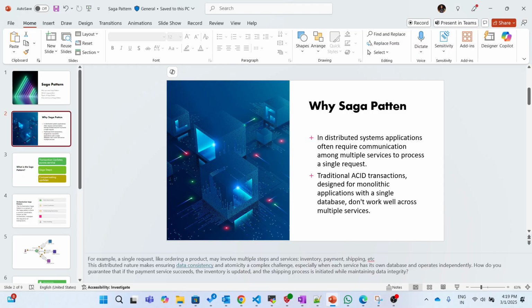And in case of any failures in this whole process, how do we roll back and maintain the data consistency between the inventory, the shipping and the payment? How do we manage the coordination among these services? That is why we need the Saga pattern.